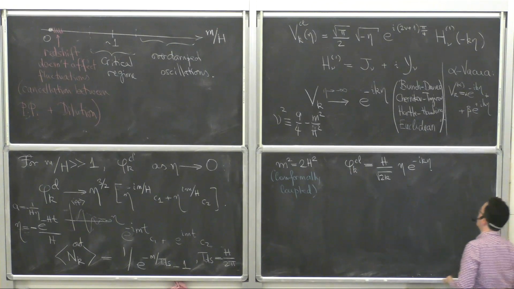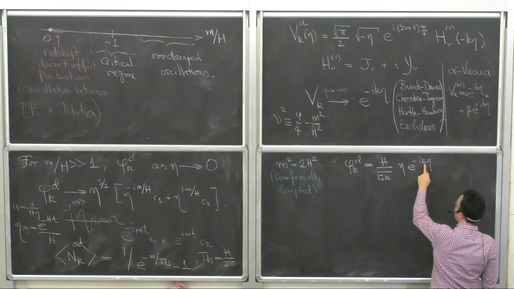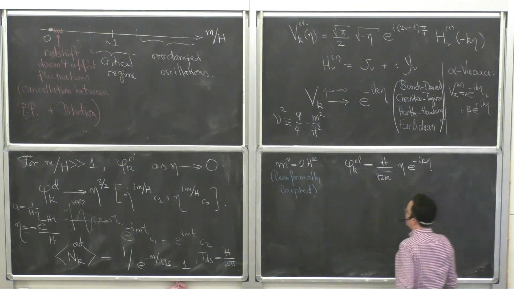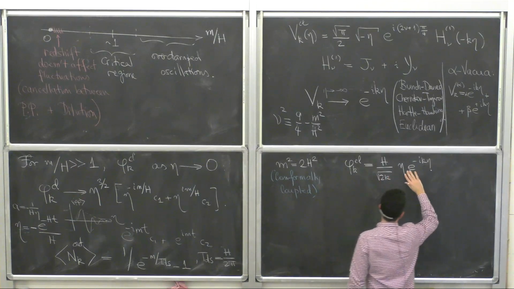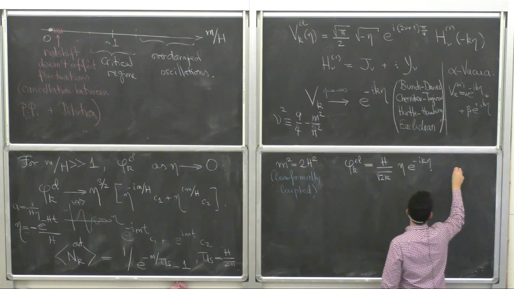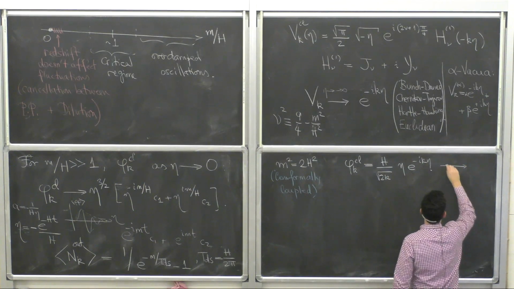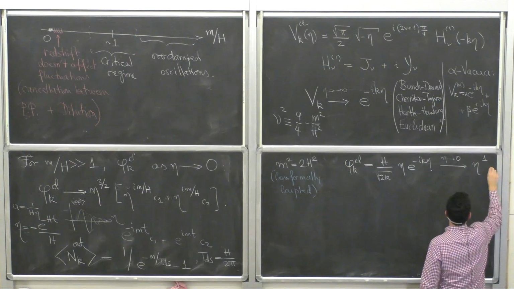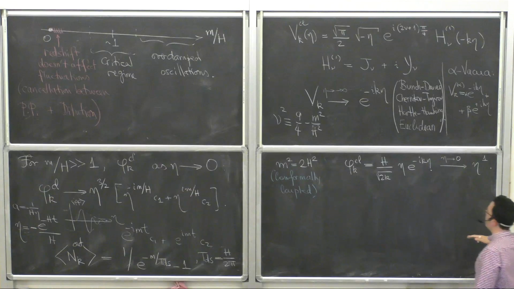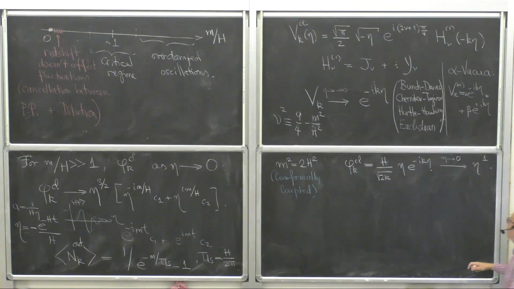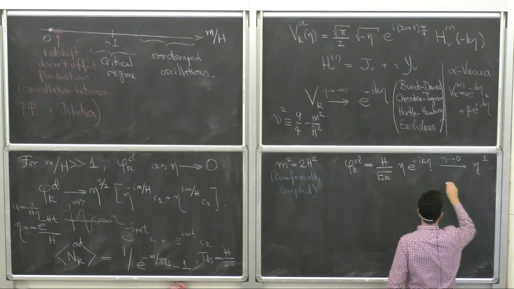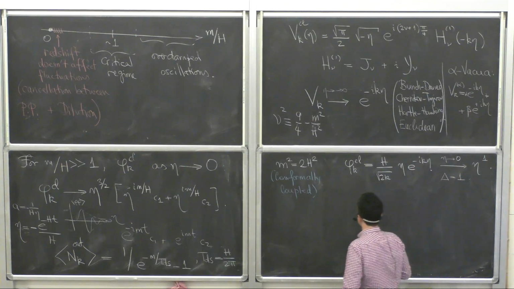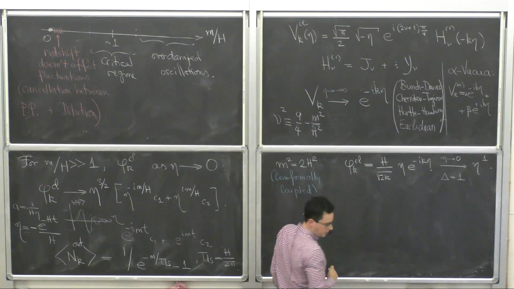So it looks like a massless plane wave, the classical solution. But in de Sitter space, it dilutes. So it goes to 0 as eta goes to 0. It goes to 0 like eta to the 1. So from the point of view of falloff at late times, it has a scaling dimension delta equals 1. I'll comment on what this delta means in a second.